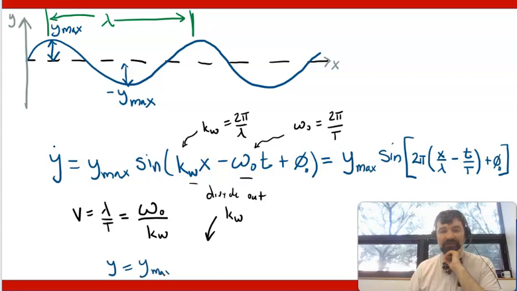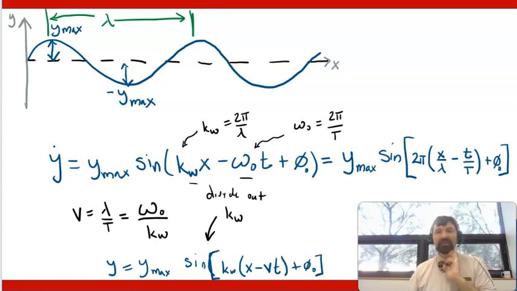So y max times the sine of, and essentially I would have, let's put it like this, k_W times x minus vt plus phase. So that's another way of writing that same wave equation. Okay.